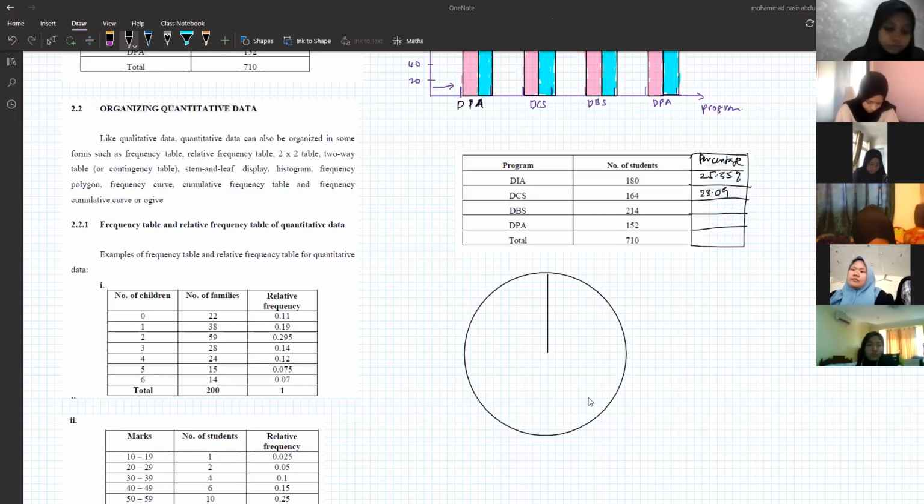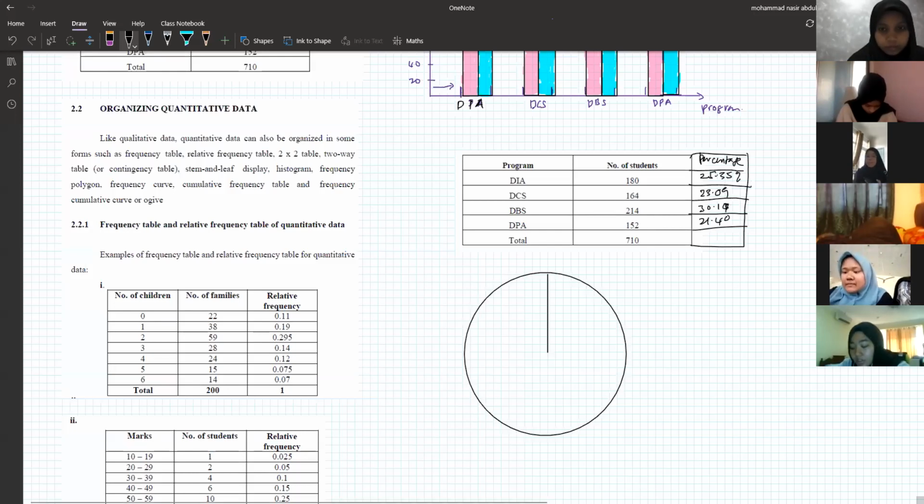And then 214 divided by 710 is 30.14%. And the last one is 152 divided by 710, which is 21.40.